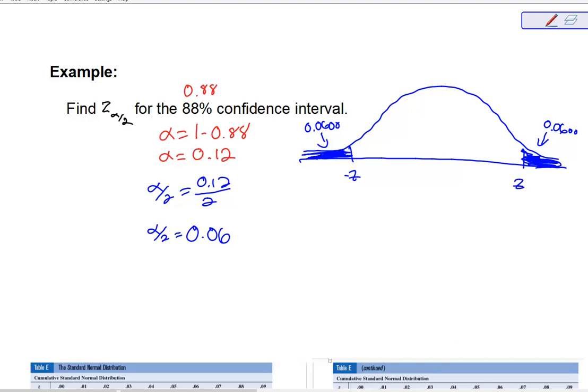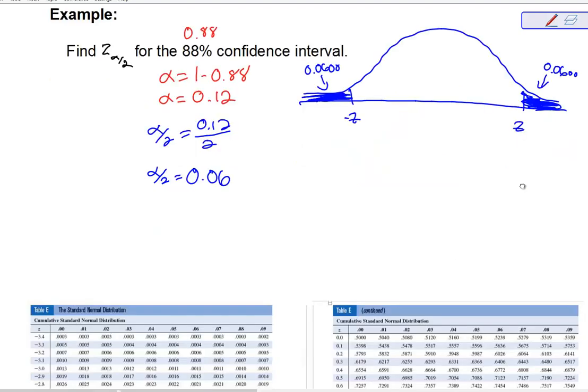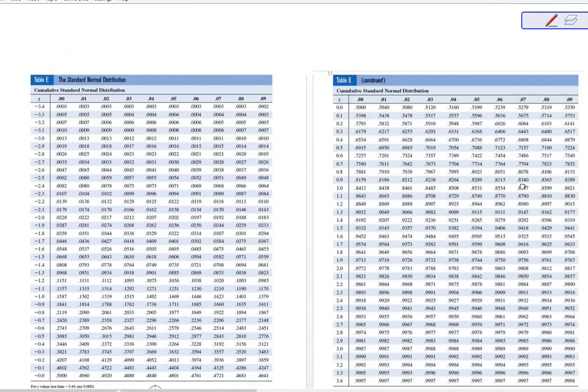Well, what I'm going to do is come down to the table, and remember that we're looking for a Z of 0.0600. That's less than 0.5, so I'm going to be looking in the negative side of it. So 0.06.